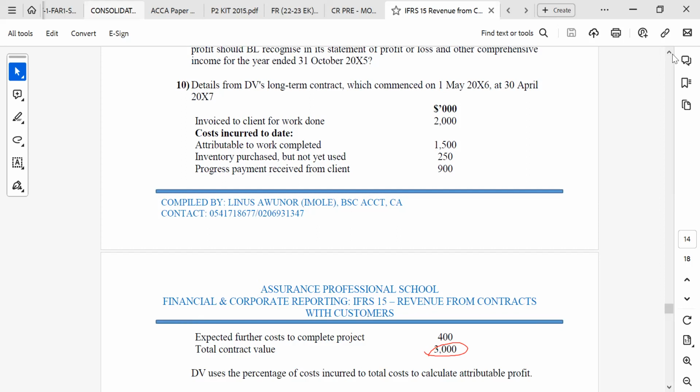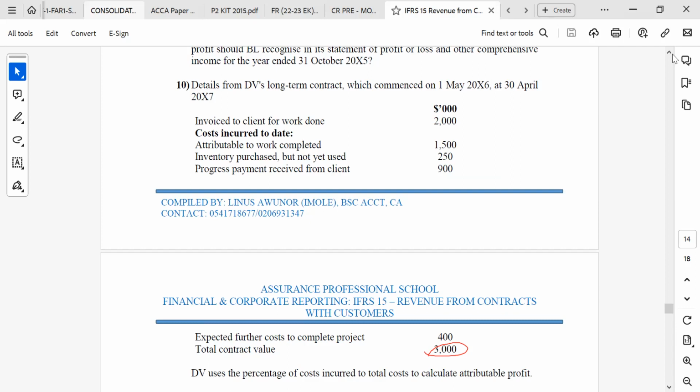What is the cost of the work done? 2,000? Are you sure? The cost of the work done is 1,500, isn't it? Okay.